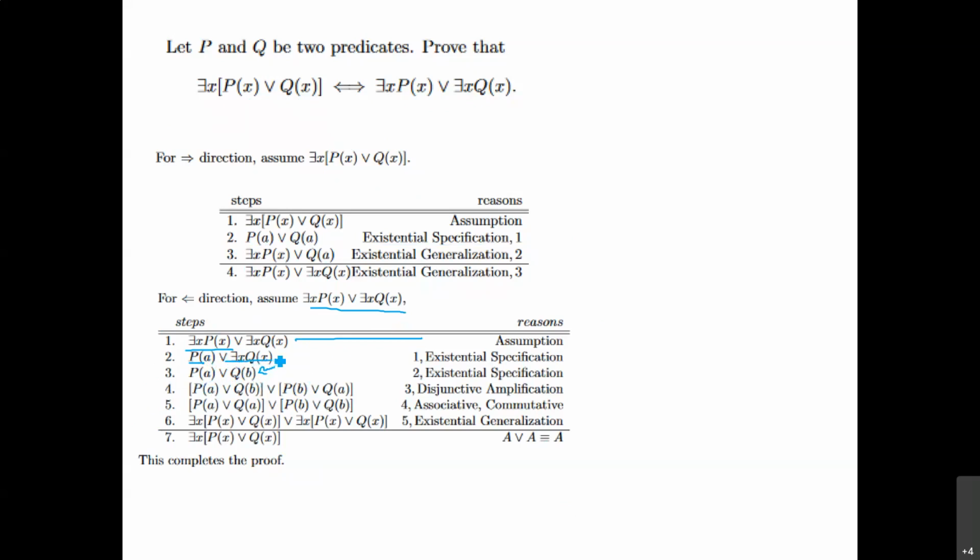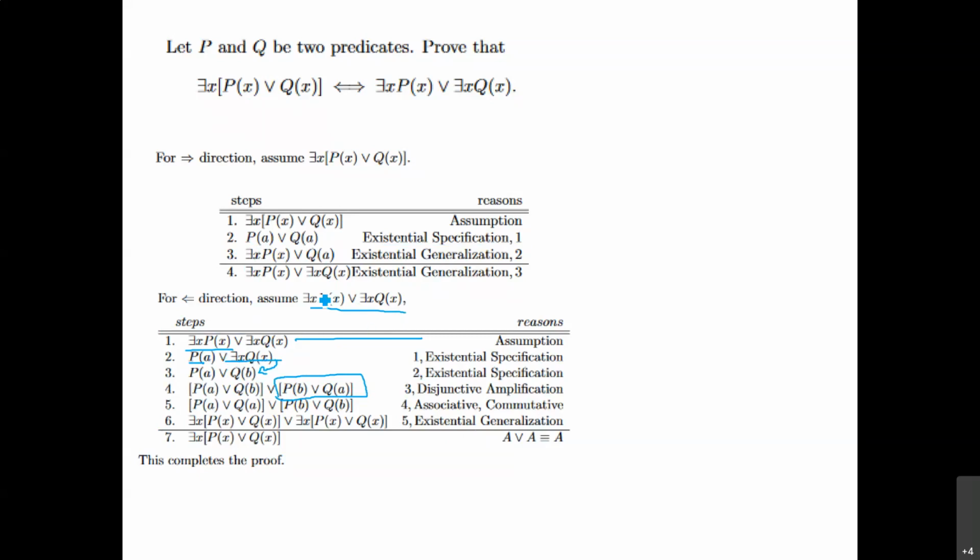But since we know that one of these has to be true, or it could be false, we just add it for the other one. So P of A or Q of B, you can just now add or P of B or Q of A. Why?